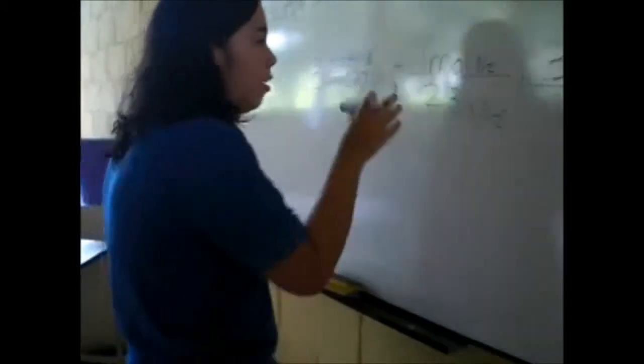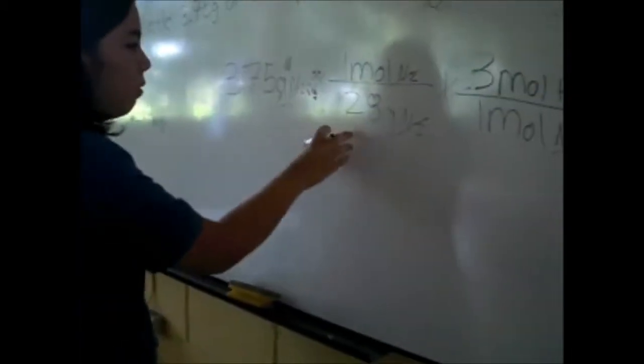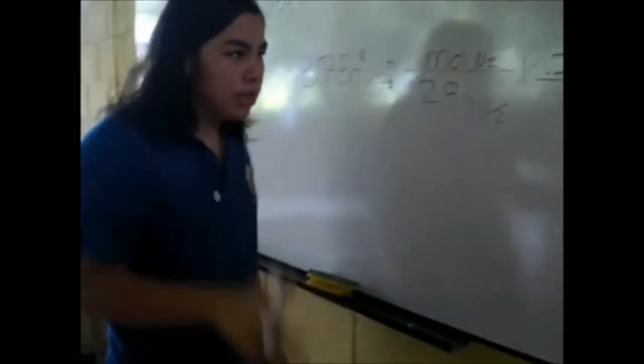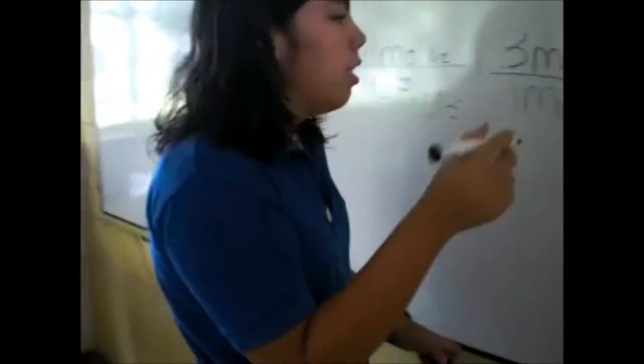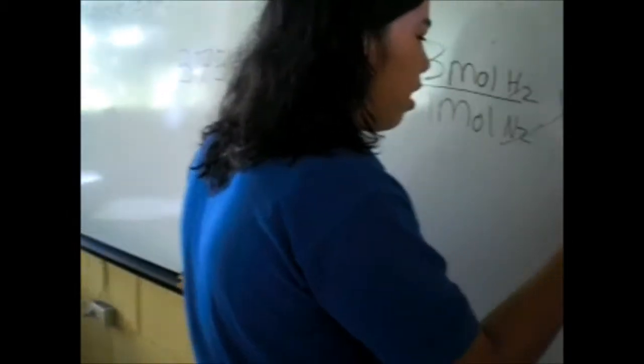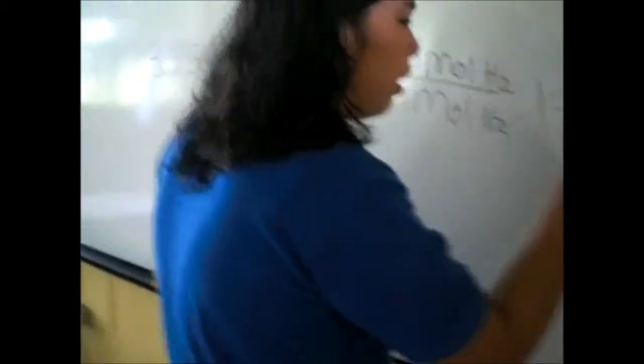You know, this is the first step that was the one with the amu. The second step was with the coefficients. And the third step is to cancel hydrogen with hydrogen right here. So we are left with just nitrogen.